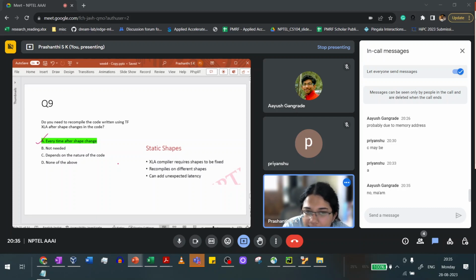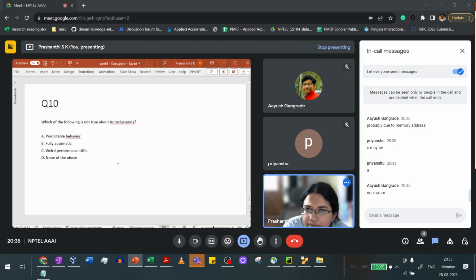Okay, let's move to the last question for today. Which of the following is not true about auto clustering? Predictable behavior, fully automatic, weird performance cliffs, none of the above. B, fully automatic. Which of the following is not true?